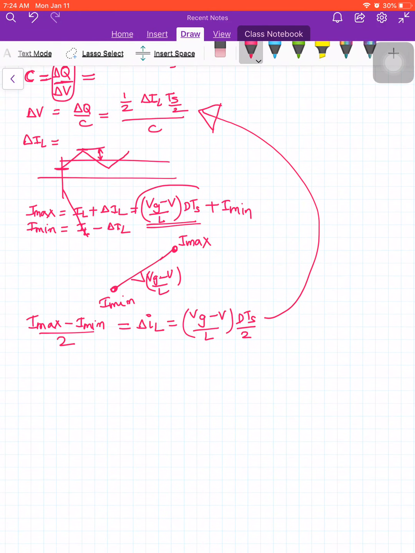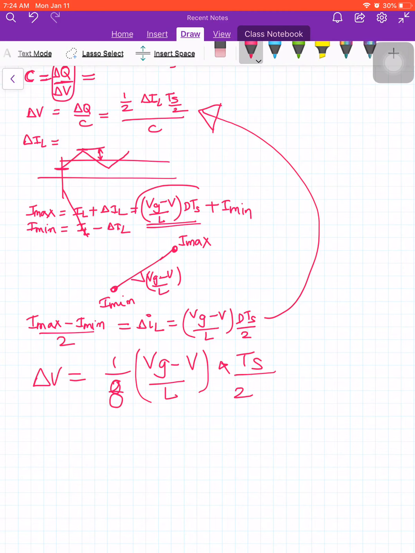So let's substitute this equation in here. Now what do we get? Delta V is equal to 1 by 2. There are three 1 by 2s, so it should be 1 by 8 into Vg minus V by L into Ts square by 2 into D. Sorry, we have considered the 2 already. So this is the expression.